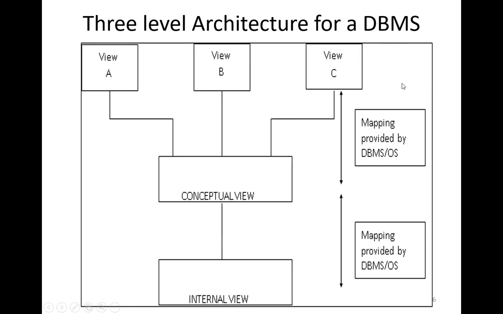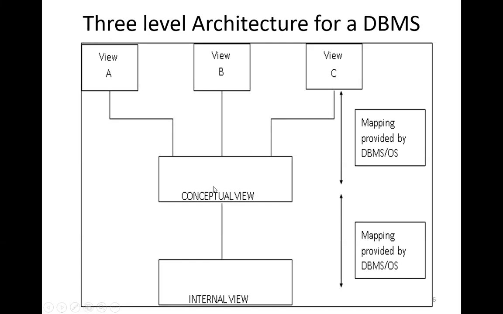This is done automatically; the mapping is provided by a DBMS or the OS. So the software which you are using or the operating system that you are using, both of them combined together provide you a mechanism so that you as users can give your requests to the conceptual view. That request could be for seeking some data, inserting some information, deleting some information.